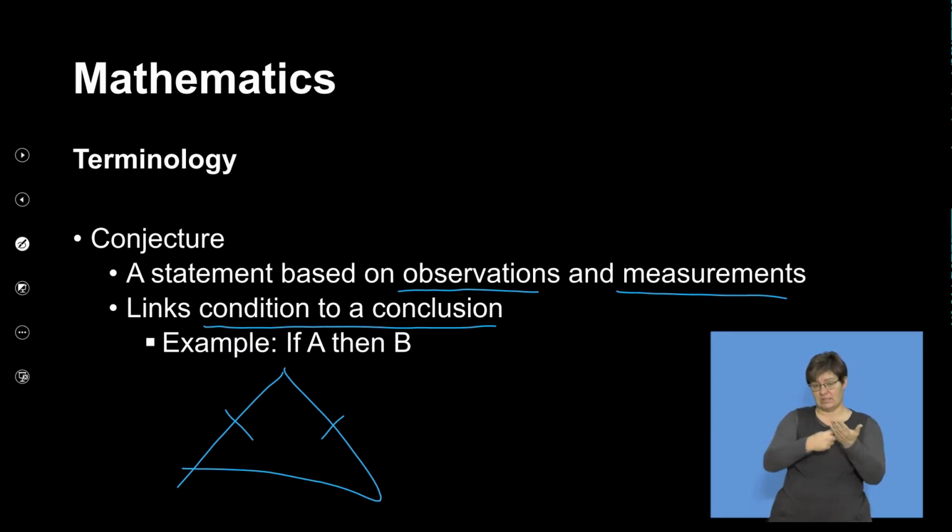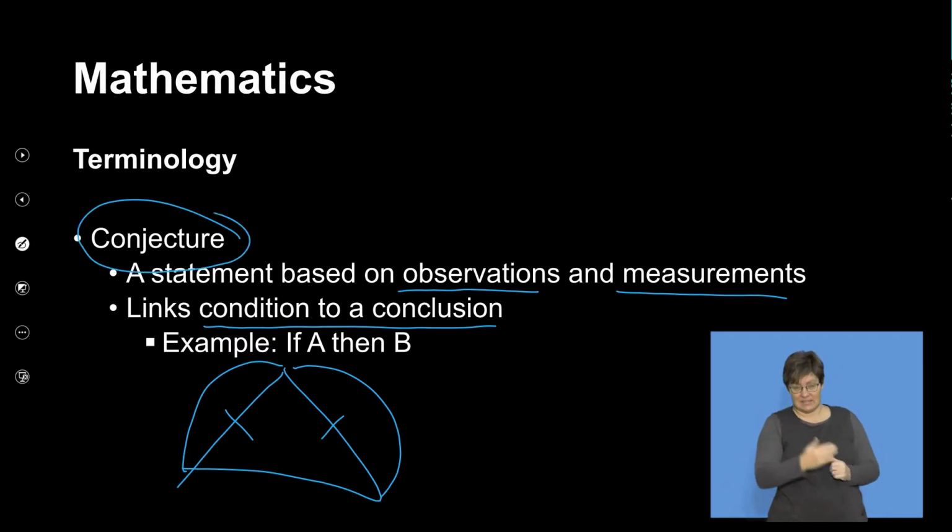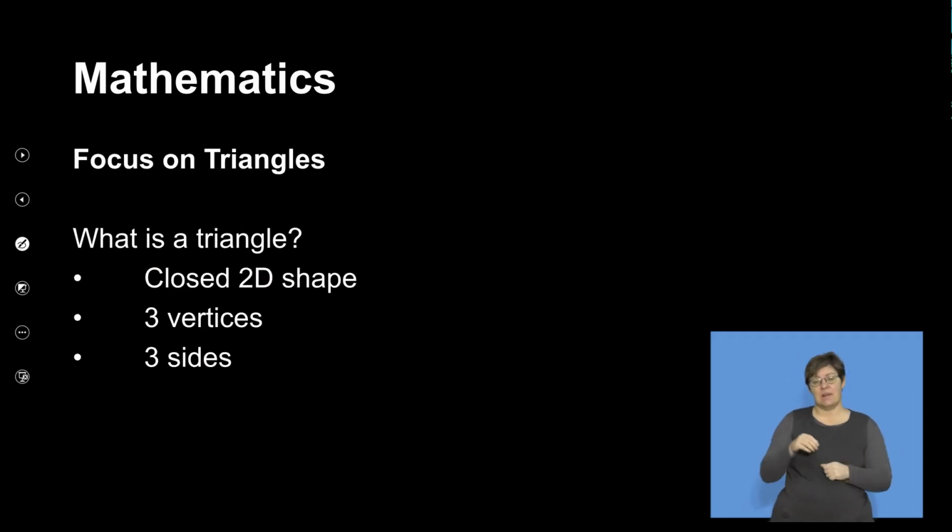From there, after you find that yes, the conclusion can be drawn that this side is equal to that side, that will then be considered to be a conjecture, because now you are making a conclusion based on the measurements and all your observations. So one example I'm saying here is if A, then B. Meaning if this is the case, then this is the conclusion.